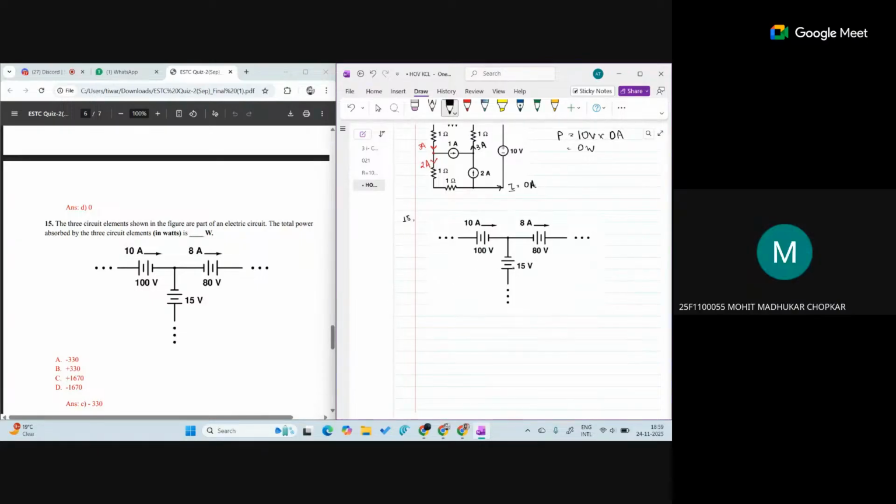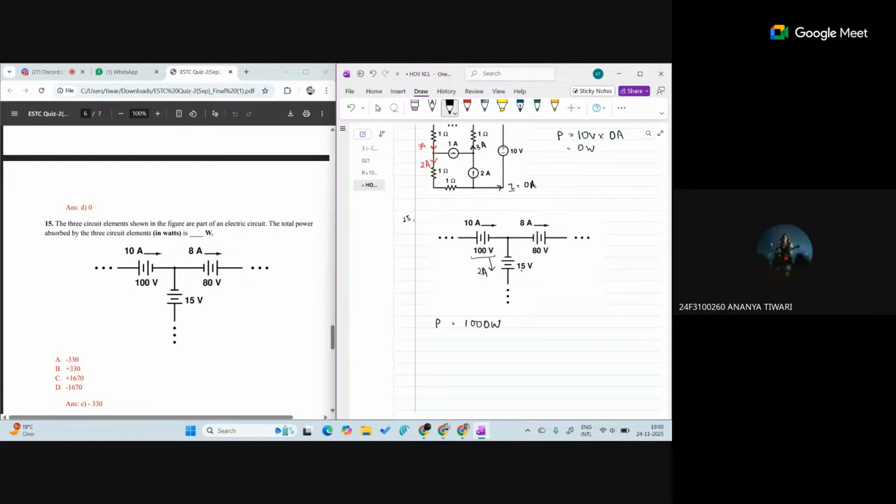Ma'am, first we will see the direction of the current, and we will find whether that element is absorbing or delivering. And then we'll add all of them. So first we can tell that 2 ampere we had to find the absorbed power. So this 100 volt is doing what? Absorbing or delivering? Absorbing. So what would be the power? 1000. Yes, 1000.